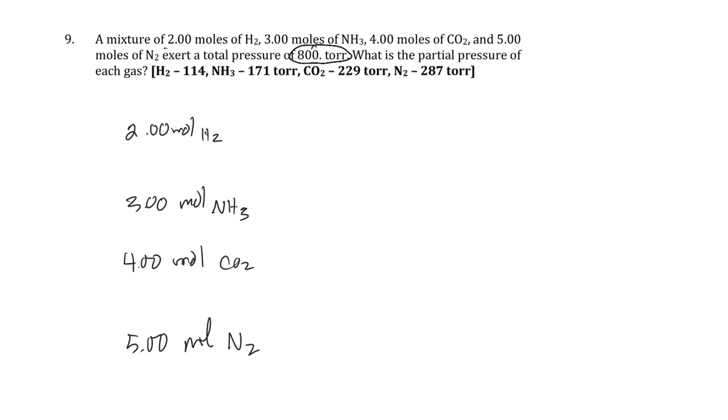What's the partial pressure of each one? To do that, what you could do is add all of these up. So the 2, 3, that's 5, plus 4 is 9, plus 5 is 14.